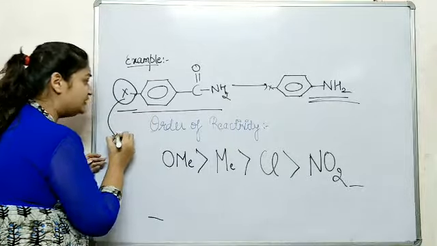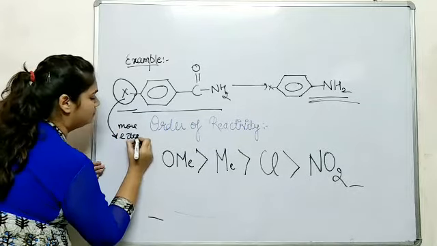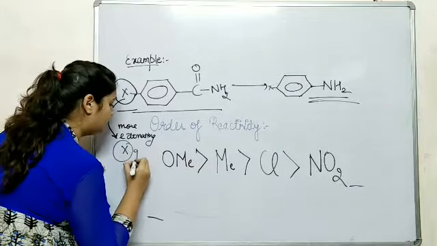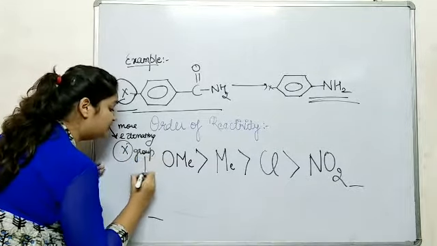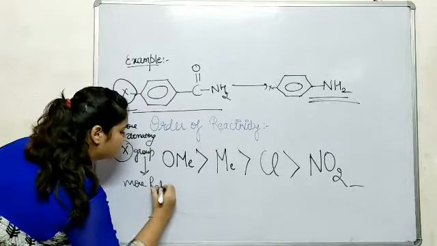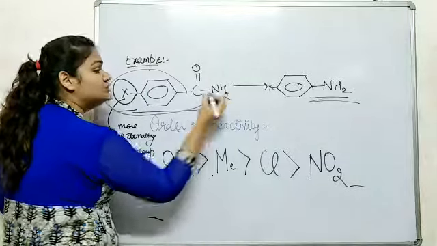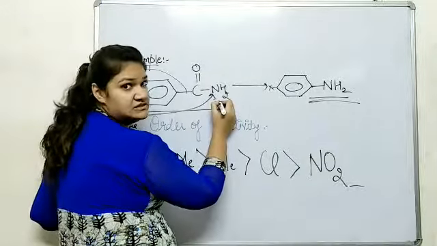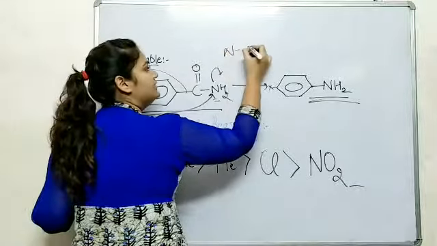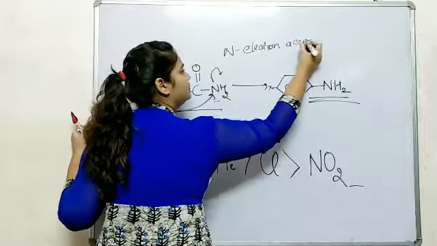The more electron donating the X group, the more will be the rate of the reaction, because this whole group will migrate towards nitrogen, where the nature of the nitrogen is electron withdrawing, or we can say nitrogen here will act as electron acceptor group.